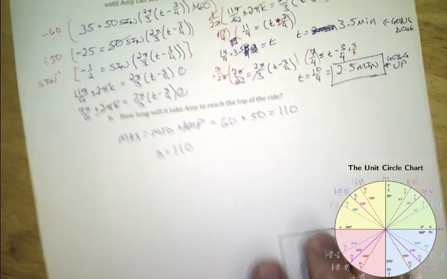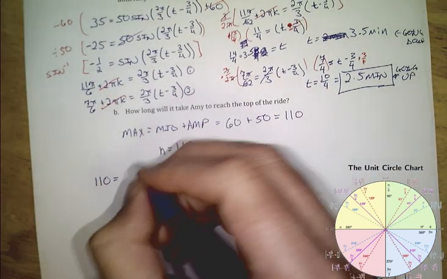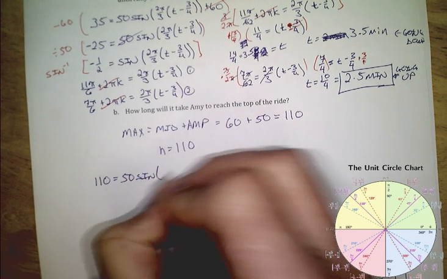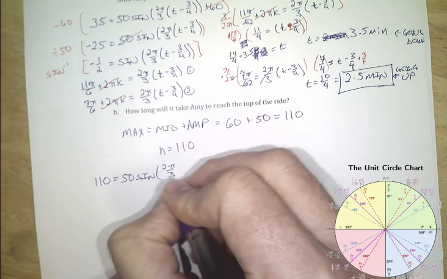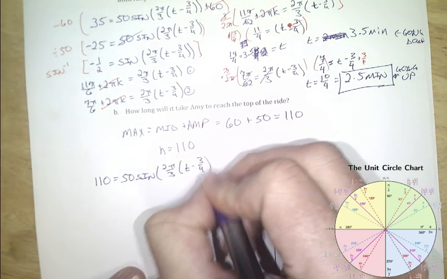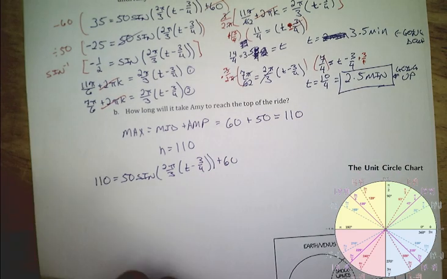So 110 is equal to 50 sine 2 pi over 3 times t minus 3/4, plus 60.